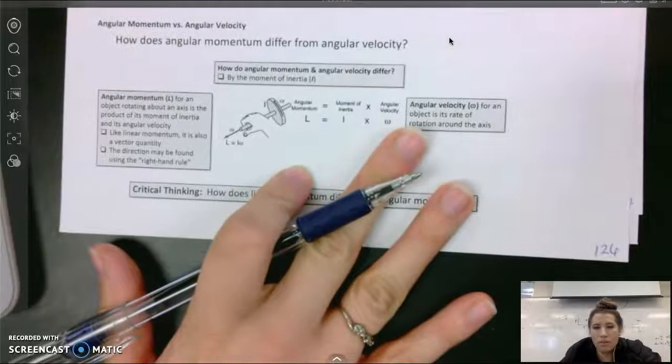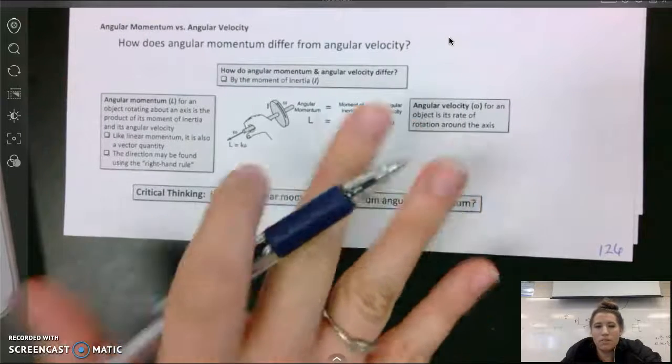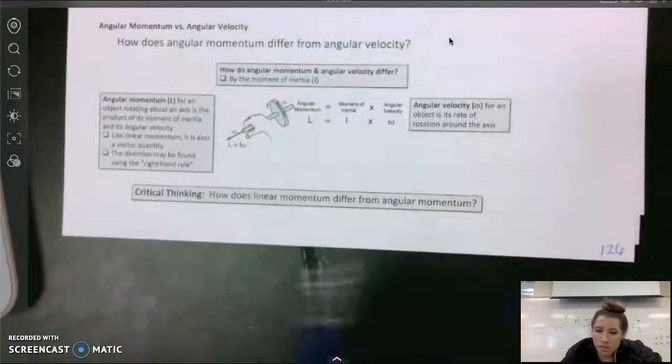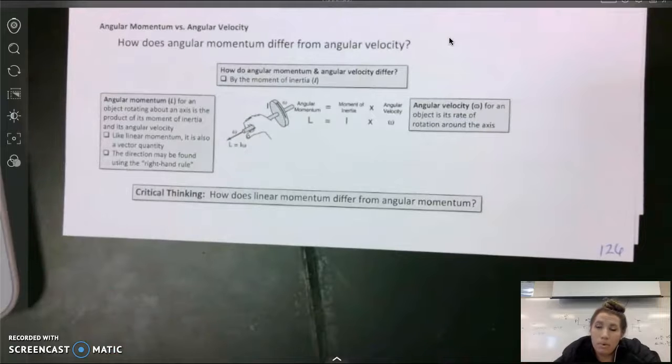One important difference here is when we are calculating this angular momentum, we do have it as a vector component, and when we multiply our two values, our moment of inertia and our angular velocity, we have to use the right hand rule.